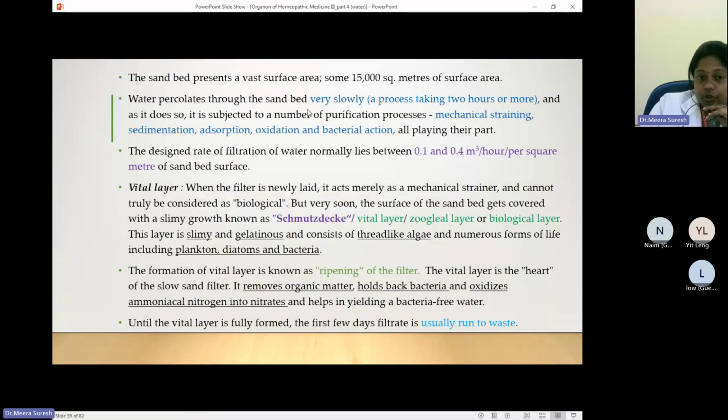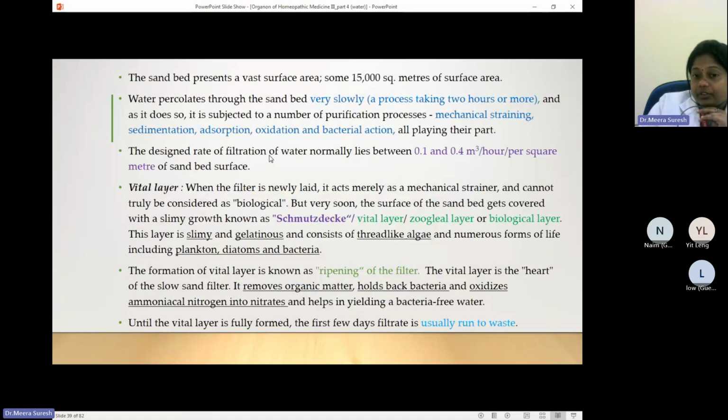The water percolates through the sand bed very slowly, a process taking 2 hours or more, and when it does so, it undergoes purification. The sand is acting like a sieve, a filter medium. So mechanical straining, sedimentation, adsorption, oxidation, bacterial action, everything is playing a part when the water is flowing through this sand layer at such a slow speed.